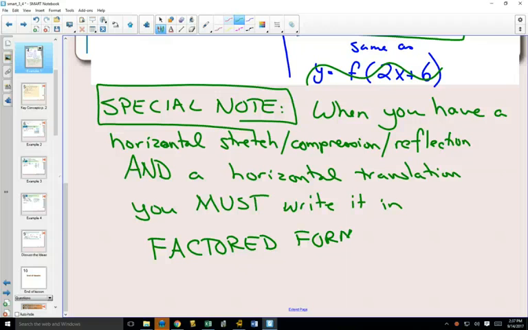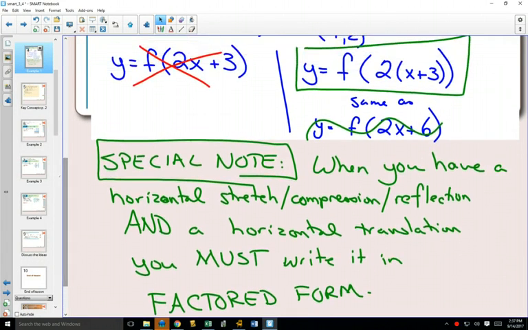And what I mean by factored form is this idea that whatever the stretch or the reflection or the compression, whatever that number is in front of the x, has been factored out so the translation is alone with the x.